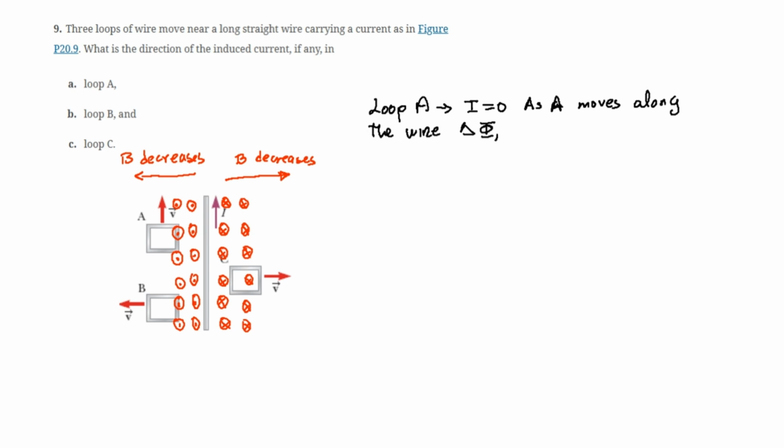Why? Because as it's moving, keeping the same distance from the wire, B doesn't change.